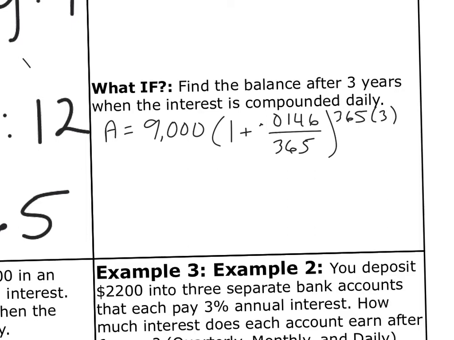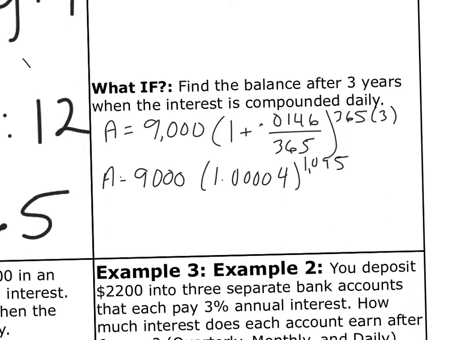All right, so let's see what that does to our numbers here. So 0.0146 divided by 365 plus 1. Okay, so that gives me A is equal to 9,000 and then 1.00004. And of course, 3 times 365 is 1,095.